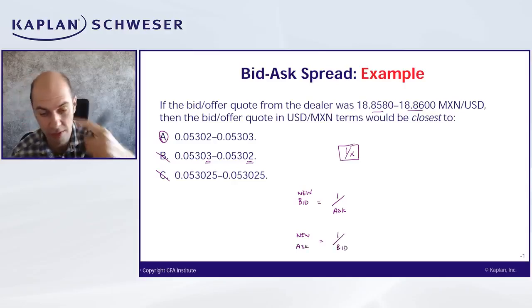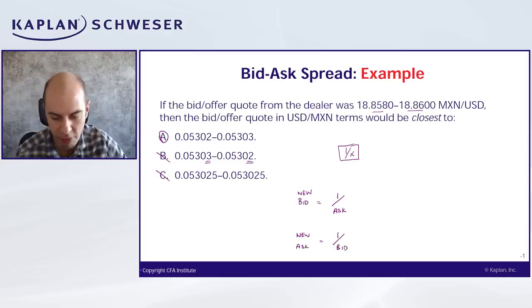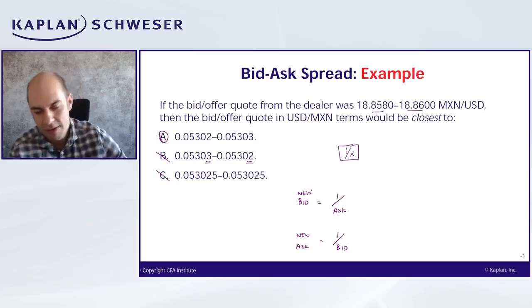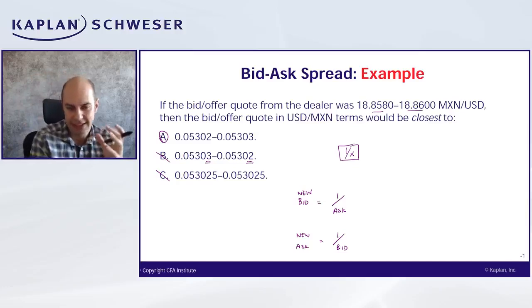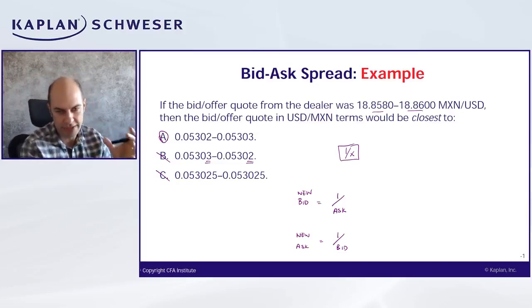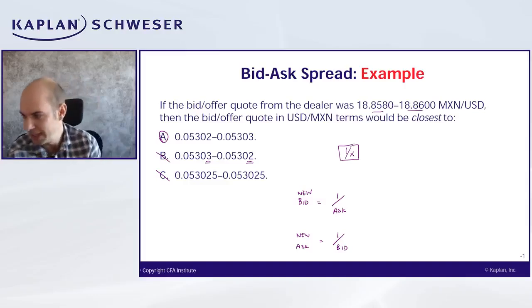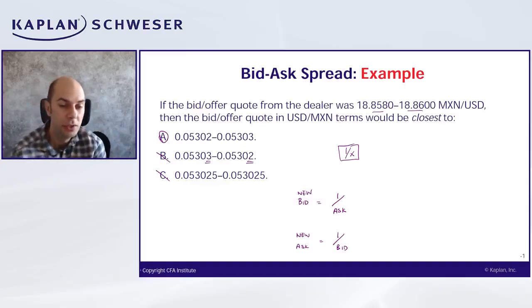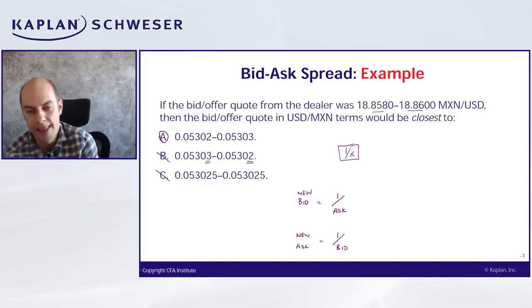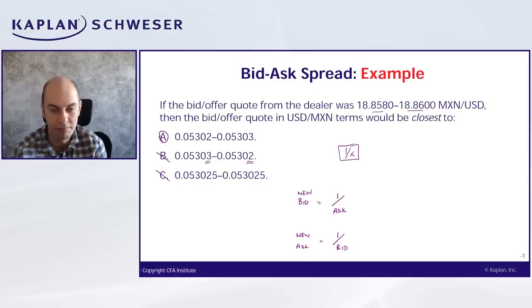And now you might think, wow, this is probably not going to be something that I will remember. Guys, remember, why is this happening? It's happening because the bid has to be lower than the ask. So the new bid has to be lower than the new ask. So you have to divide 1 by the greater number, i.e. 1 by the ask.